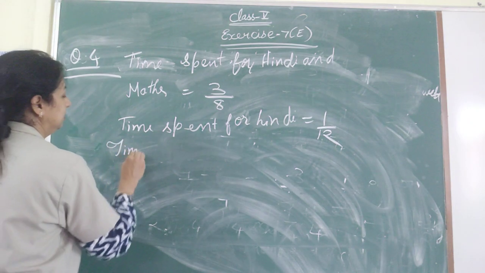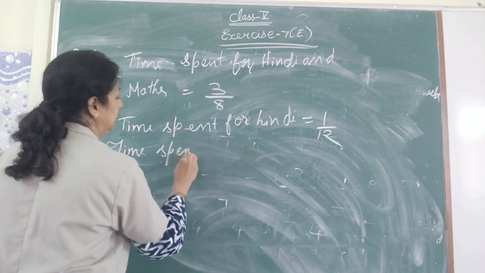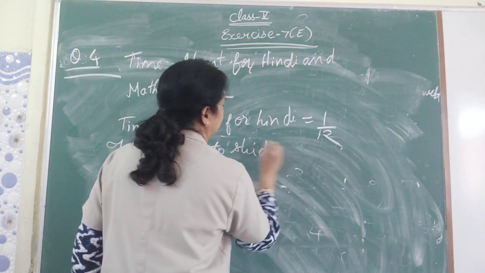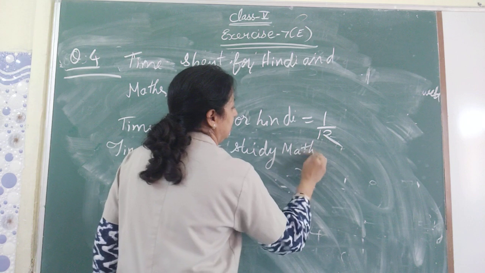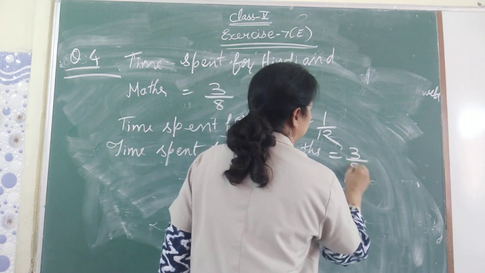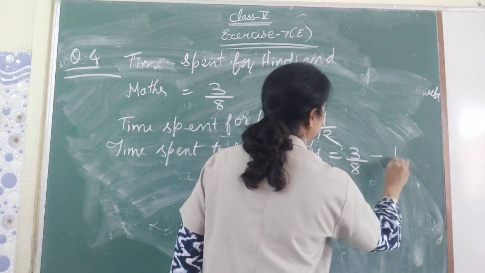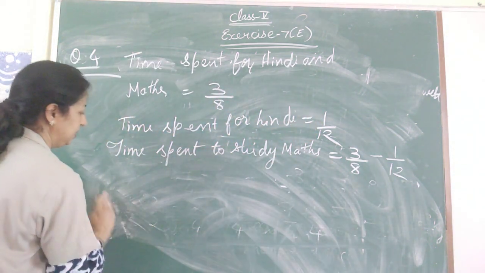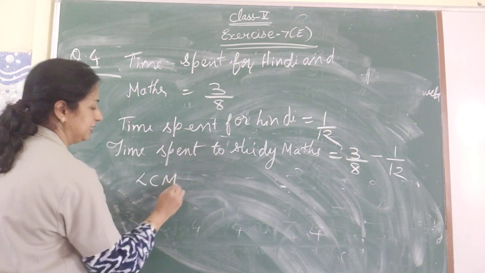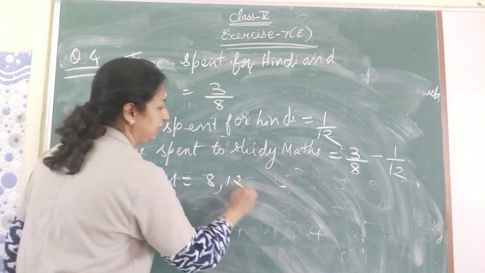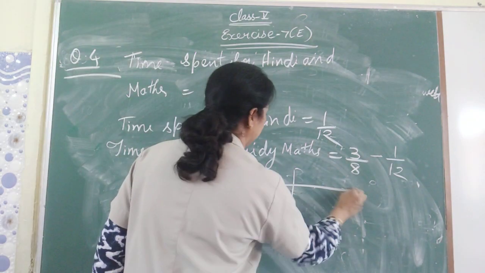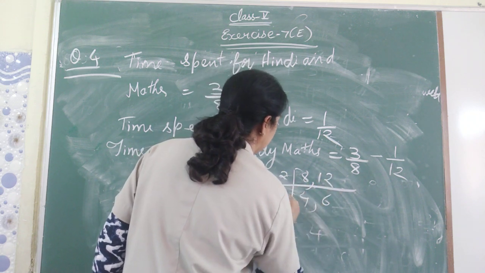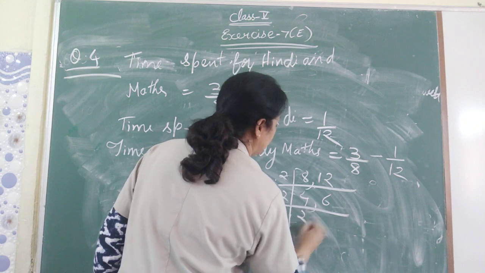So time spent studying maths is equal to the total time, that is 3 by 8 of an hour minus 1 by 12. Again we need to make equivalent fractions having the denominator as the LCM of the denominators. So find the LCM of 8 and 12. 2 4s are 8, 2 6s are 12, again 2 2s, 2 3s.